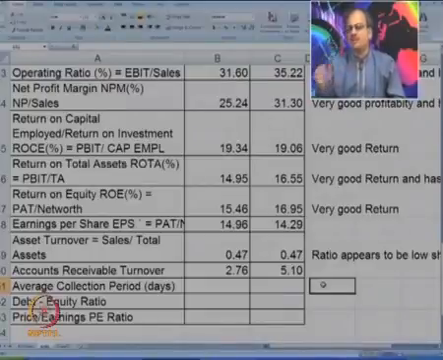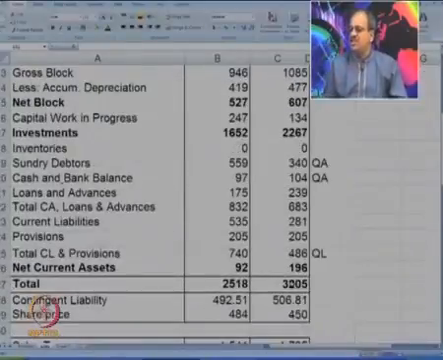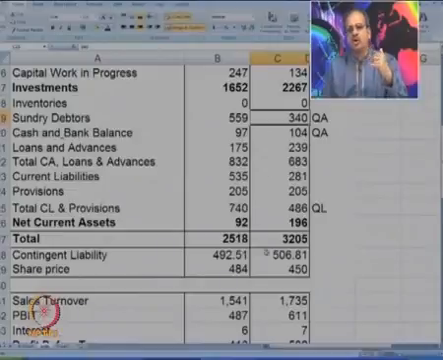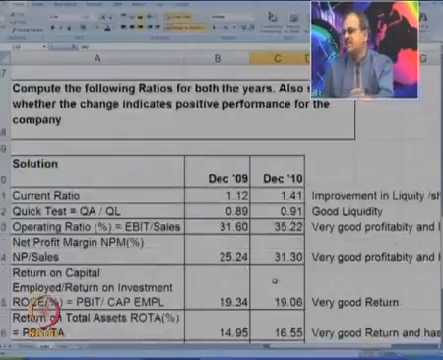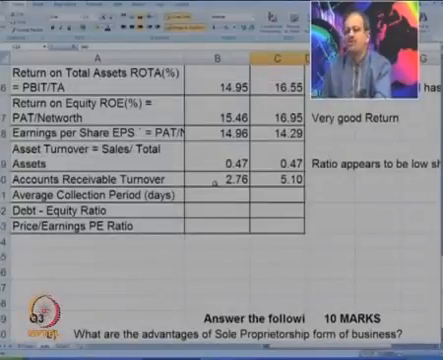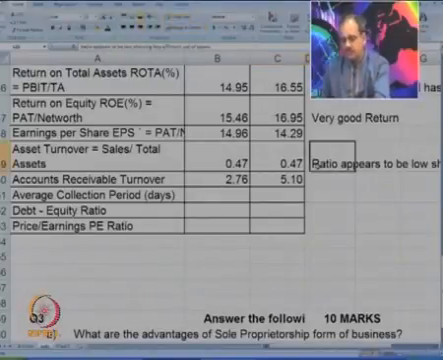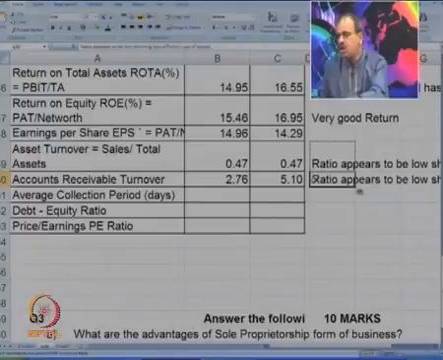Why has it happened? Have a look at the balance sheet, you will realize that the company was able to reduce its debtors, though it could increase its sales. That is why the ratio of accounts receivable has nearly doubled, but still it is not so high.